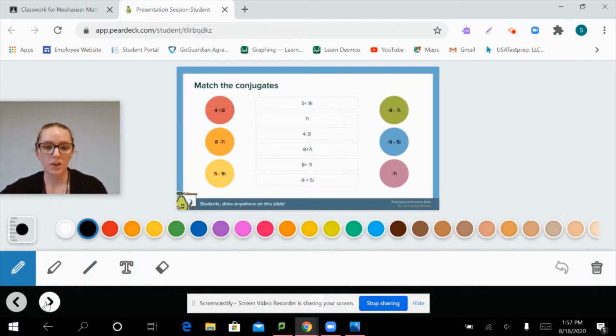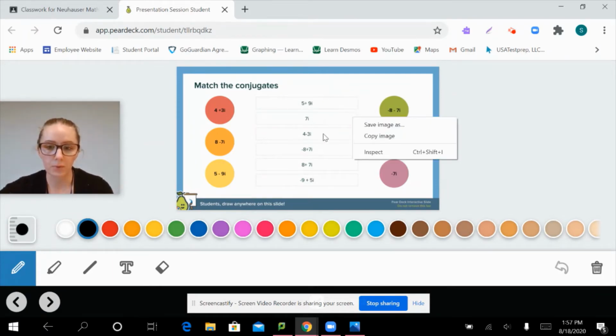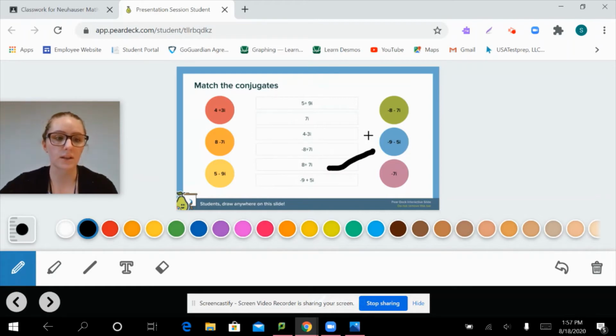And then you're going to match the conjugates. The questions are right here down in the middle, and you're drawing a line to match the conjugates. It won't let me do it on mine. Obviously that's not a right answer, so please don't copy my answers. Each one has just one conjugate.